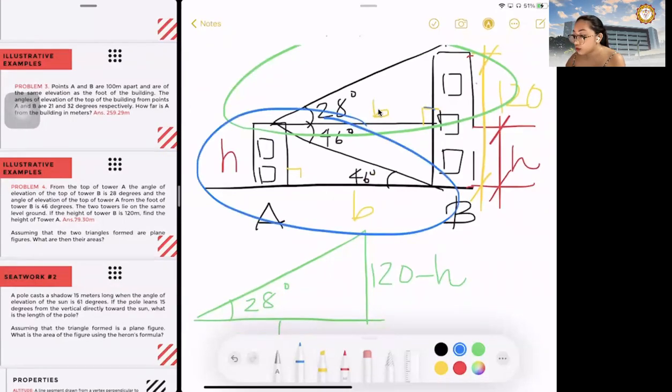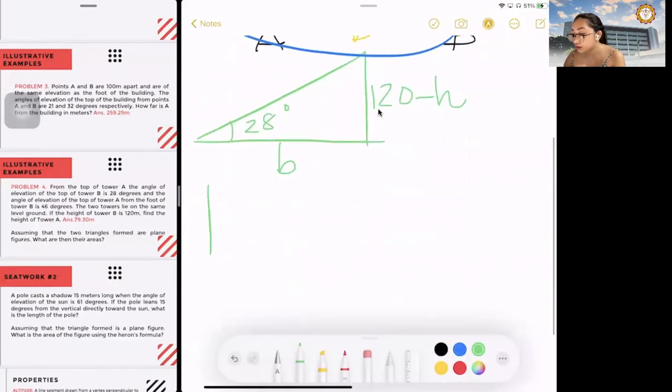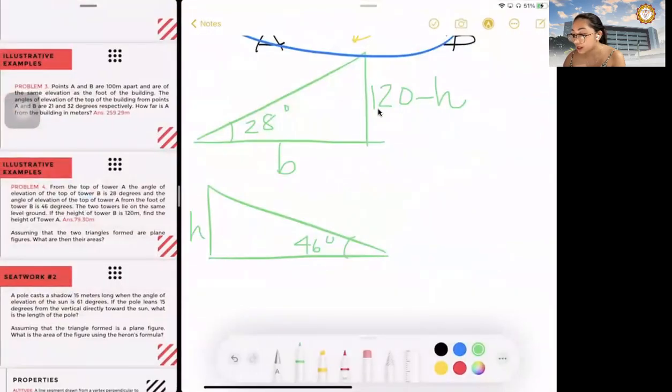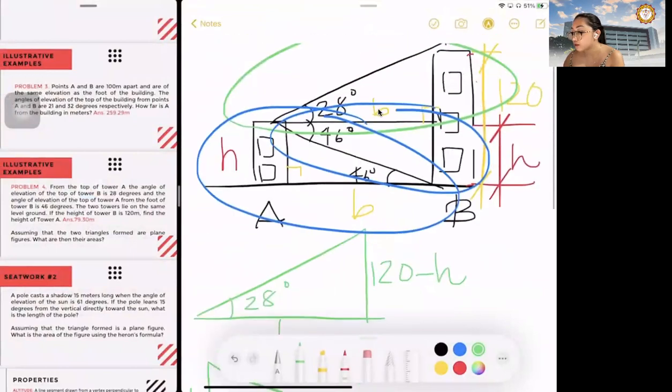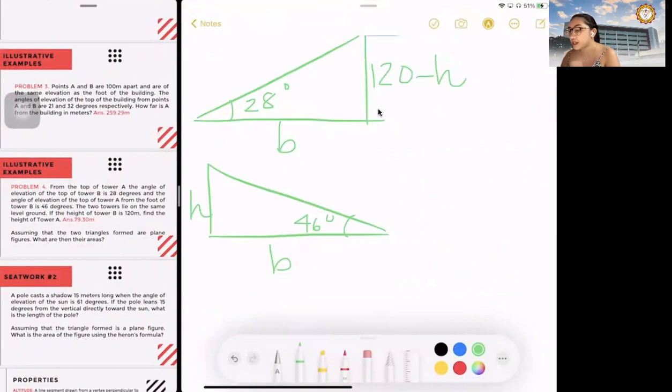Or we can also use this one. Either way, they are of the same height and the same angle. So if we're going to draw that one also, that's actually 46 degrees. And then that's height, and this is still base. So if we're looking to here, it's still base, no? Quadrilateral in a form.